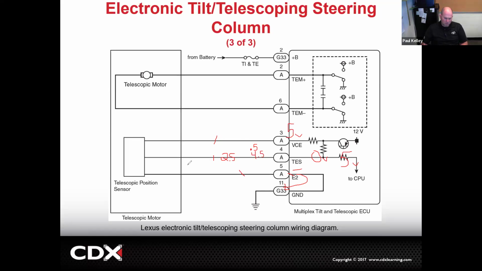We'll spend a little more time on position sensors, but this is the type of diagram you may see if you encounter a problem with this. Diagnosing the sensor is not super tough. I'm going to clear all the drawings.